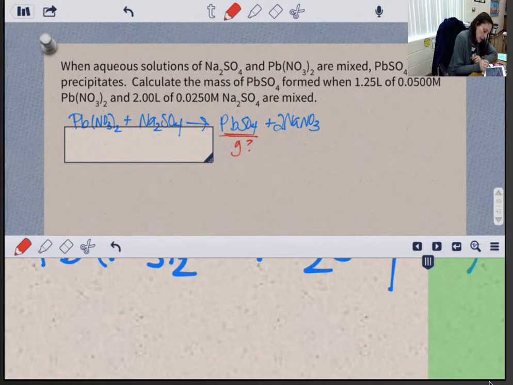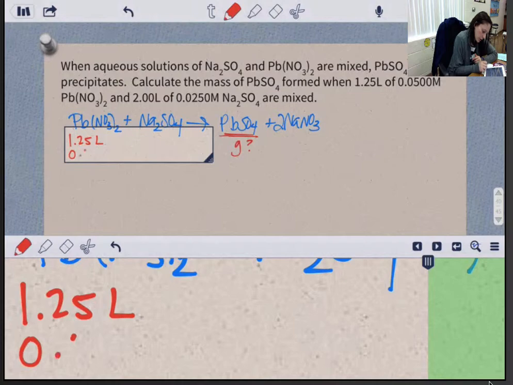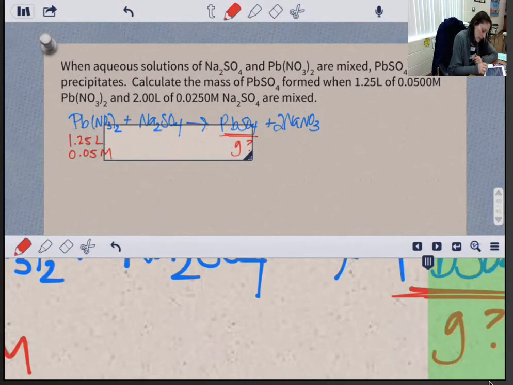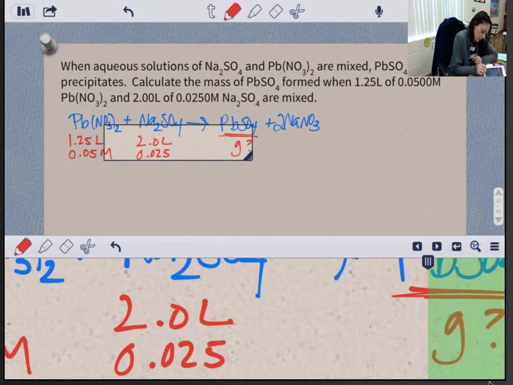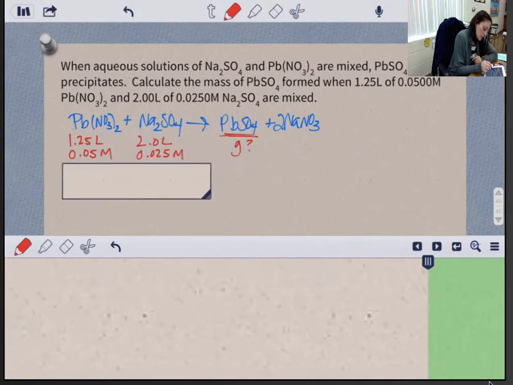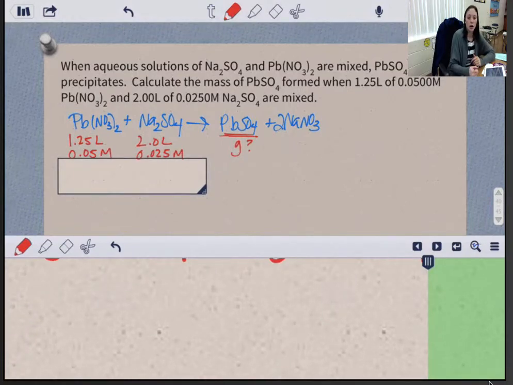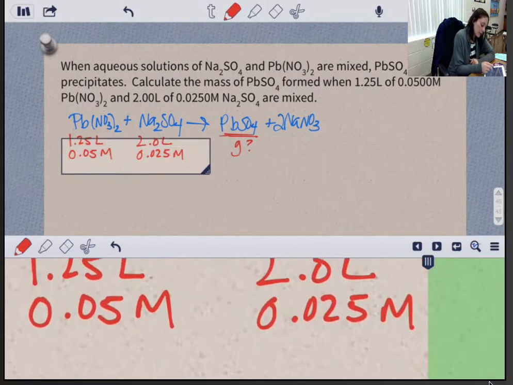So I have 1.25 liters at 0.05 molar, and I have 2.0 liters at 0.025 molar. So how are those two going to help me figure out how many grams I need? Well, if I need grams, that means I need moles. If I need moles of my product, I need to figure out how many moles of my reactants I started out with. So that's where you have the next step.